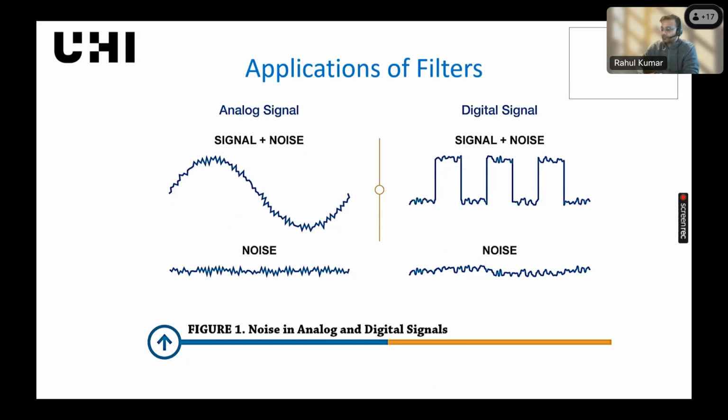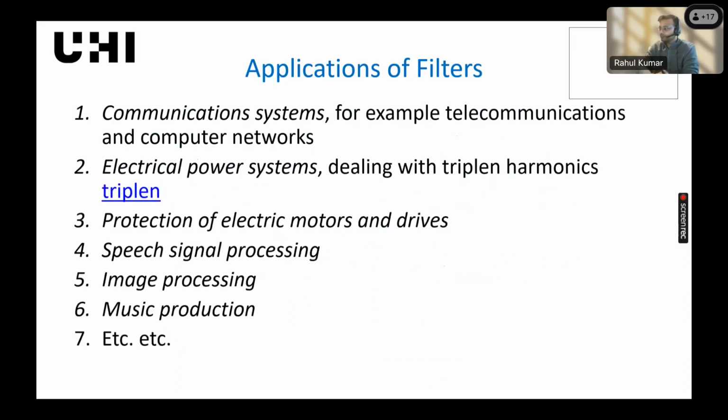That's the part we want to remove using filters. We would like to remove these unwanted signals in a communication system like a telephone network, electrical power network, and maybe from a music signal, right?